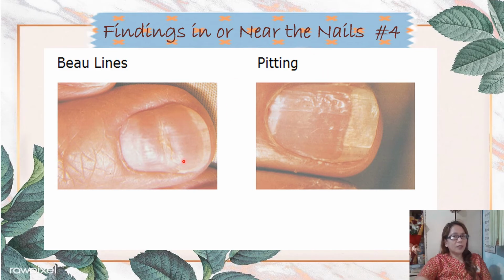Sometimes daw, pwede rin environmental factors. Okay, another example is pitting nails. It's a punctate depression of the nail plate that is caused by defective layering of the superficial nail plate by the proximal nail matrix. This is associated with patients suffering with psoriasis.